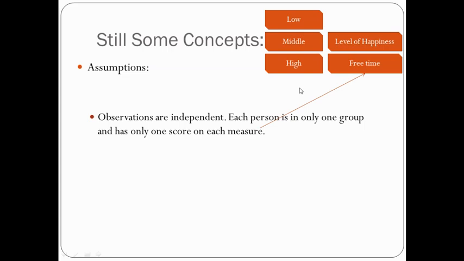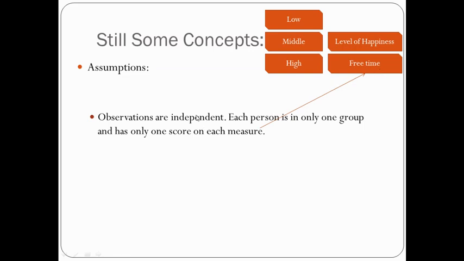Because you survey 20 people from low income group, 20 from middle income group, and 22 from high income group. So you had 62 people in your sample, in your data set. And then you ask each of them to provide you with their level of happiness and their free time.